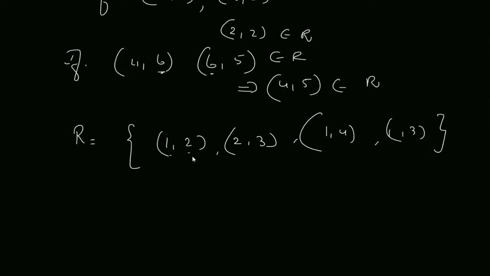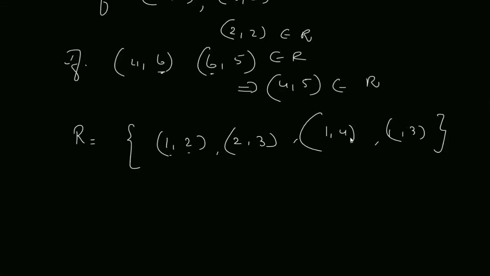For (1, 2), immediately check, is there any ordered pair starting with 2? Yes, (2, 3), correct. Then you have to see if (1, 3) is there. Yes, (1, 3) is there. You have to check for everything. Now next element, (2, 3). Do you have any ordered pair starting with 3? No. So we can just leave it. The condition is checked only if it exists.